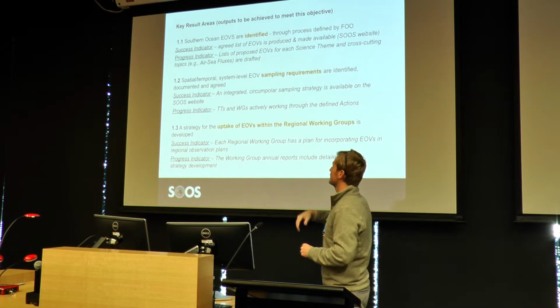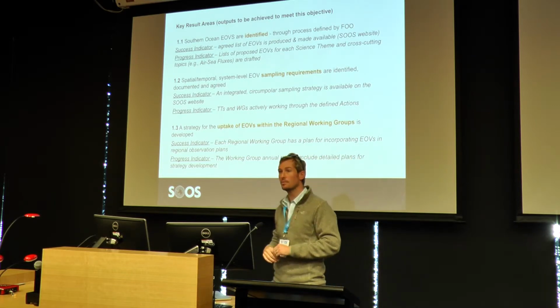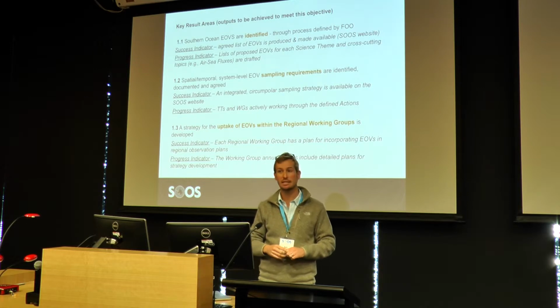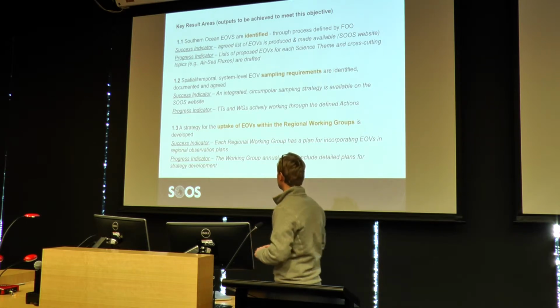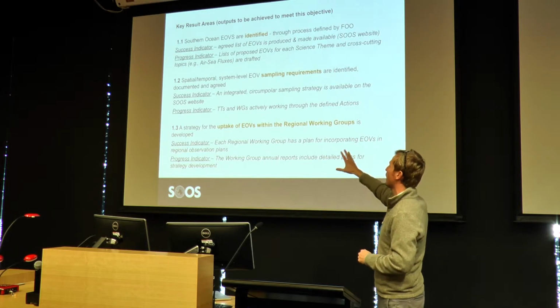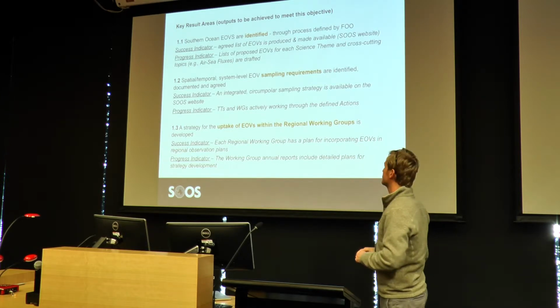The example there is the SE fluxes, on which we hope to make a lot of progress this year in the SE flux workshop happening in September, which will start to draft the EOVs within the SE flux domain.